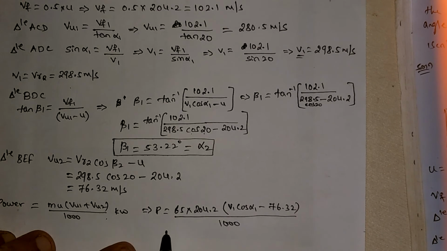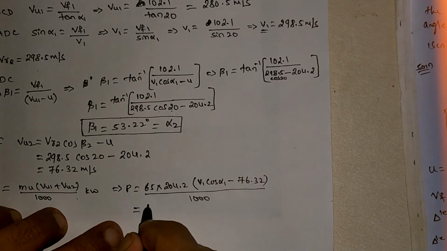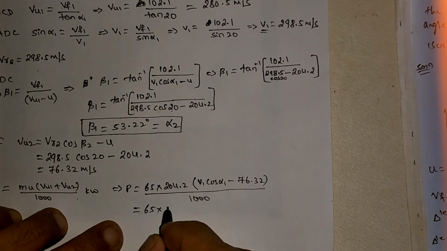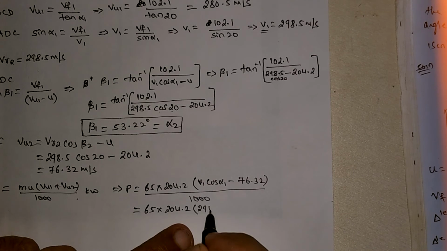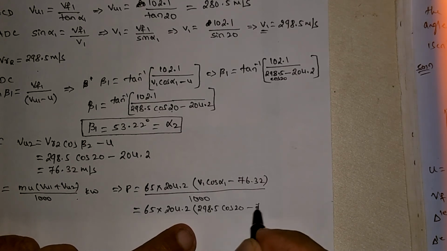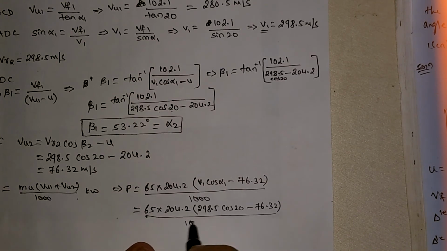So we'll get power is equal to, okay, I will rewrite the equation one more time. 65 into 204.2 into bracket VU1 is V1 cos of alpha 1, right? So V1 is how much? 298.5 into cos of 20 minus 76.32, whole divided by 1000.